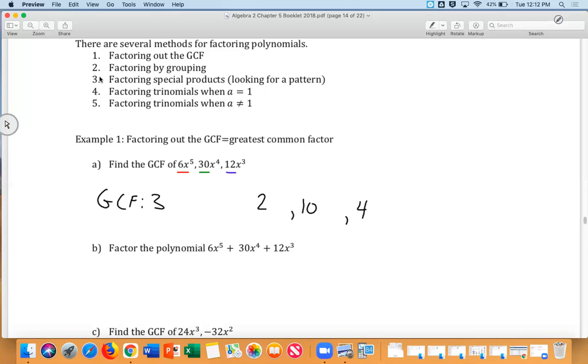Look at 2, 10, and 4, Hansi. Can I factor anything else out? It's got to go into each one of them. So what number goes into 2, 10, and 4? 2. So at this point, you would divide each of these by 2.